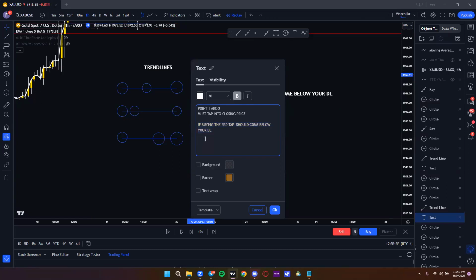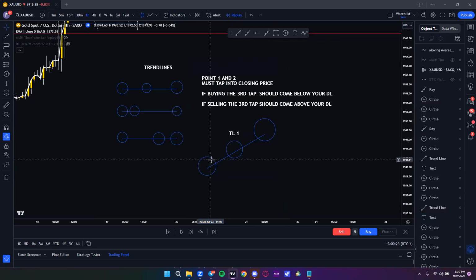If selling, the third tap should come above your DL. Let me say that again. If buying, the third tap should come below your DL. If selling, the third tap should come above your DL. Okay, and I'll go over this in just a moment.